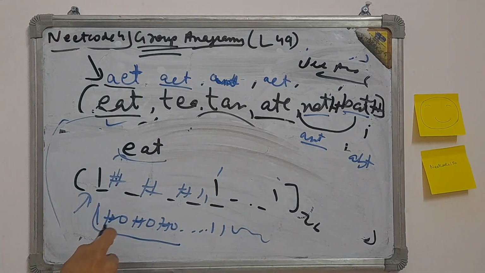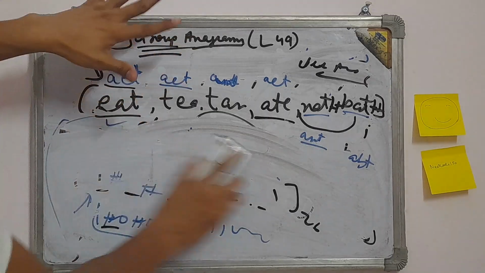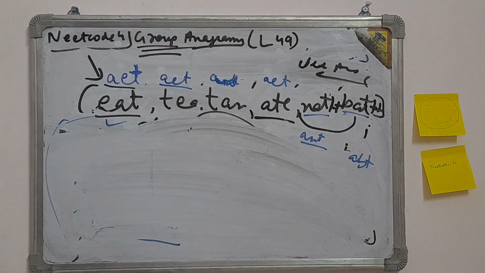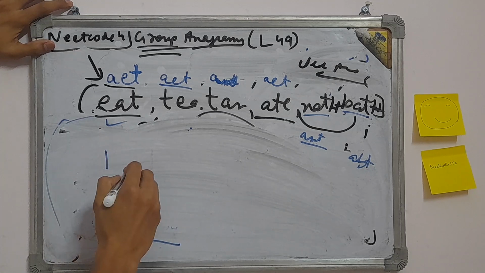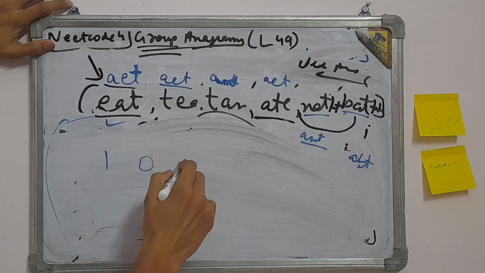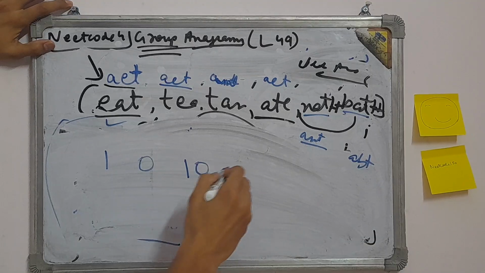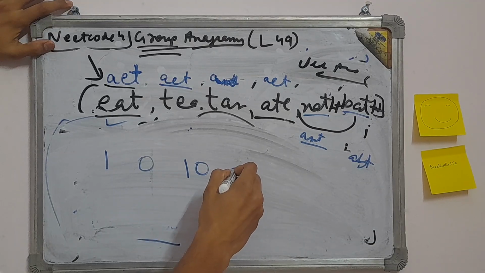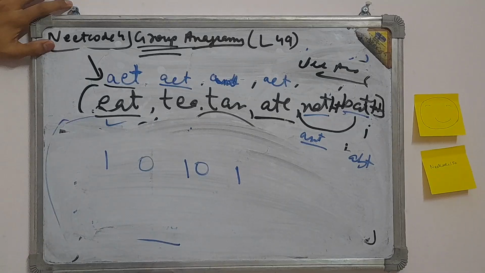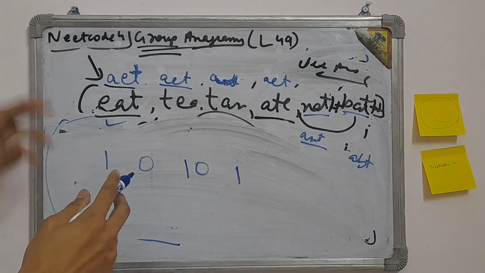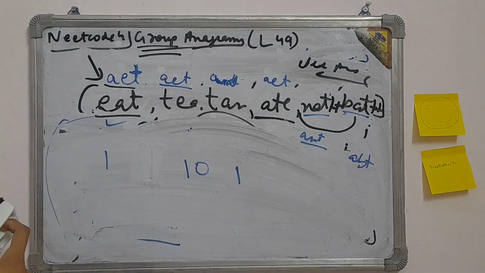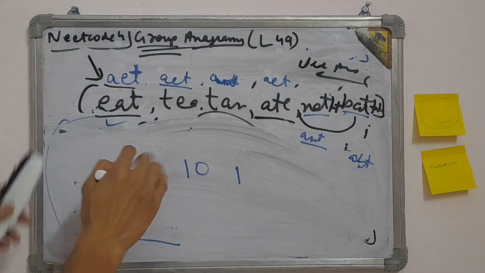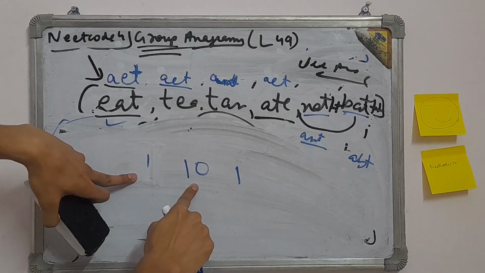Why do we use hash? Let's take an example which is not from this array, just a pattern. If A has occurred 1 time, B 0 times, and C 10 times, and then D 1 time, that gives 1 0 10 1.